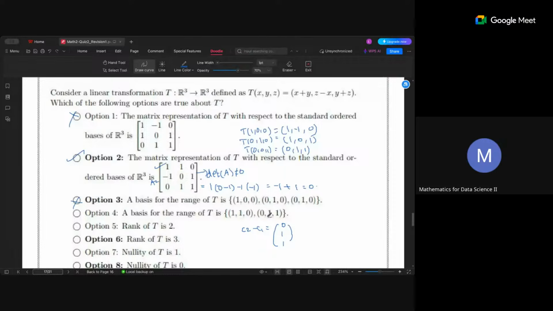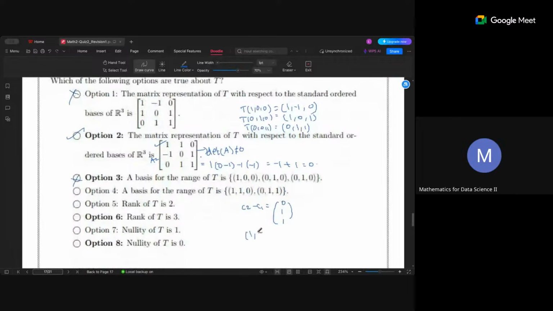So for that, maybe you can take any two linearly independent columns and try to see whether you are able to write it as a linear combination. So alpha times (1,-1,0) plus beta times (1,0,1).